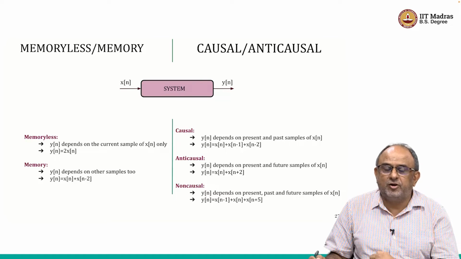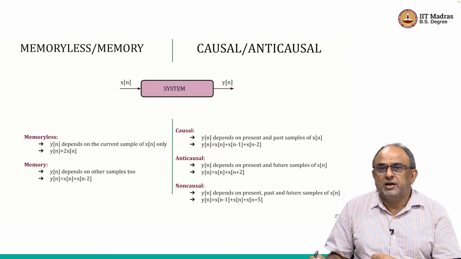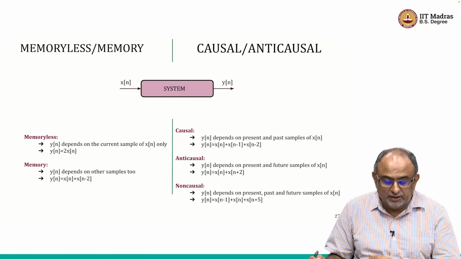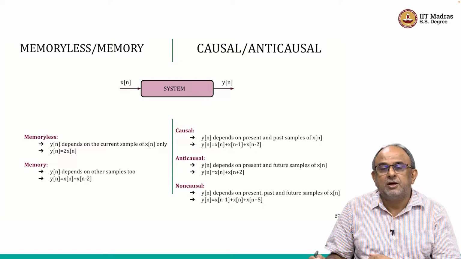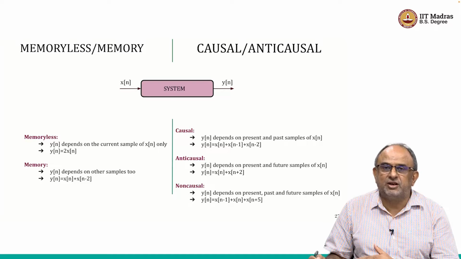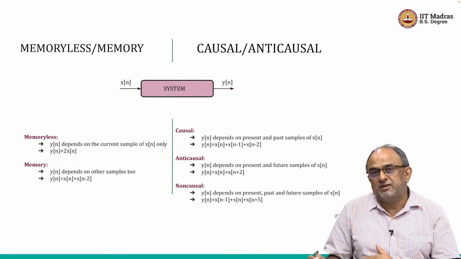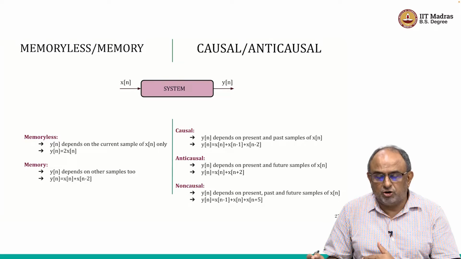Memory in our mind always means something in the past, but from a digital signal processing perspective, it could also be looking some samples in the future. That also means future memory, okay. So, that is one aspect. Memoryless means only what happened at that particular instant determines the output, but if it depends on something in the past or something in the future, all of them are memory systems, okay.